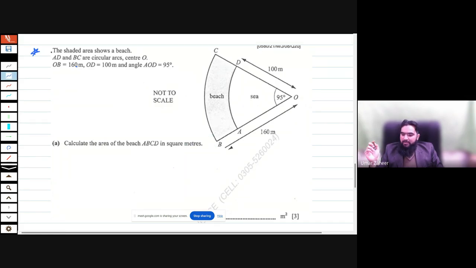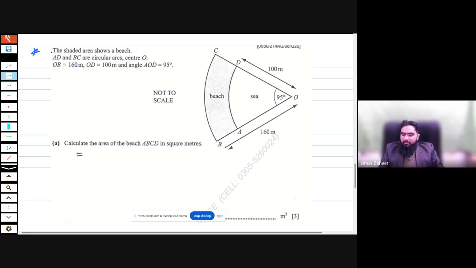Can anyone tell me how we can find it? Sir, we can calculate the area of both the sectors, and we subtract the area of the smaller sector from the area of the bigger sector.